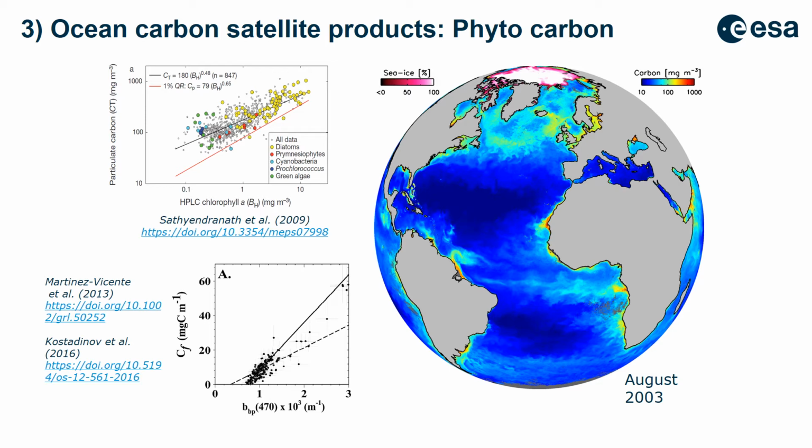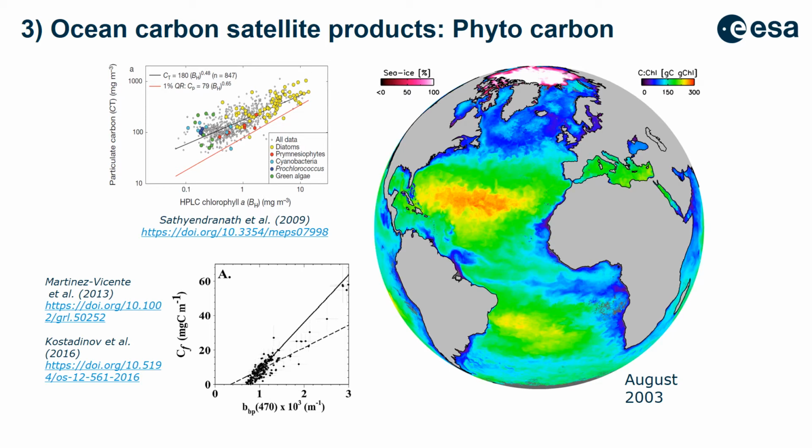Now, if we know the chlorophyll concentration and we know the carbon concentration from satellite, we can produce maps of the carbon to chlorophyll ratio. Now, this is an important ratio in marine ecology and biogeochemistry, because it tells us something about the physiological state of the phytoplankton, so how they've adapted to the light environment.